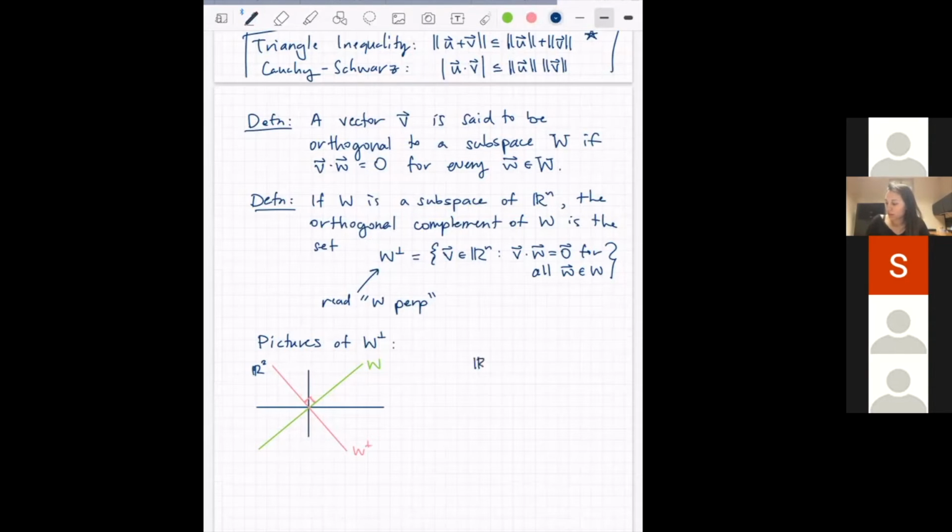And in R3, I will try my best, we're just going to do it without the axes. Say we have that our subspace is a plane in R3, then our W perp will be a line.